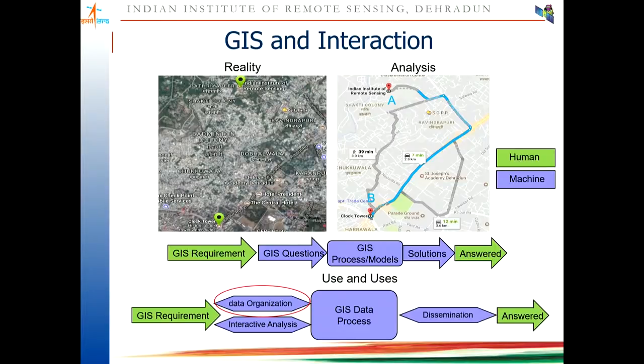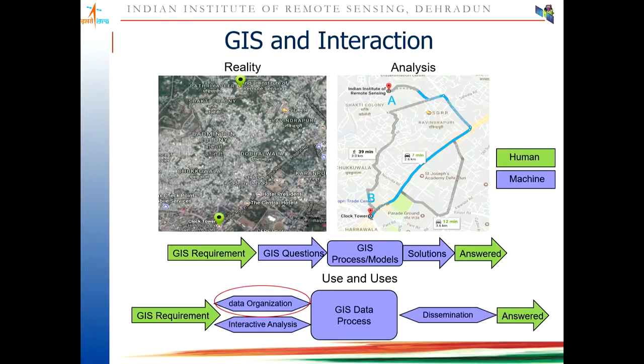To solve these use cases, we need a proper organization of the data sets. If you want any machine to process some data, then the data has to be organized in an appropriate way. If data is not organized properly or there is no structure in your data sets, then the analysis can be very difficult.